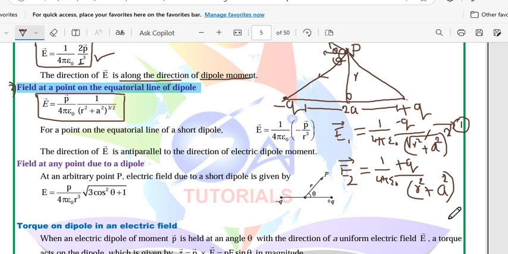And after calculations, you will get that the electric field is equal to P bar divided by 4 pi epsilon naught into 1 divided by (r square plus a square) whole to the power of 3 by 2, because here cos theta, I mean perpendicular at point P, is equal to a divided by root of r square plus a square.